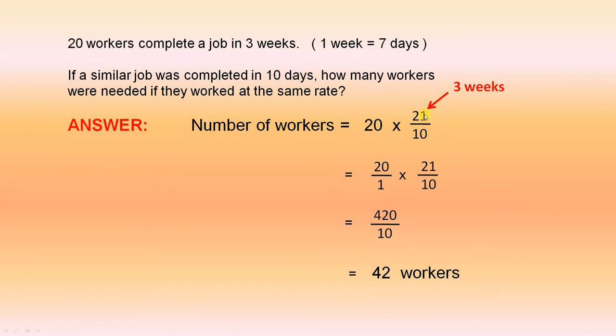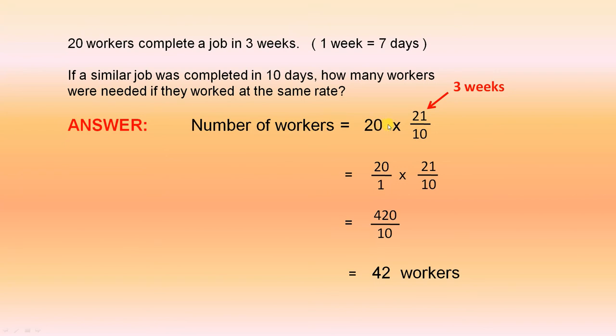So here it is here. There's the secret fraction here, 21 over 10, because there's your 3 weeks. That was the initial job that was done in 21 days, which was 3 weeks. But if it was only done in 10 days, then you'd need almost twice as many workers.